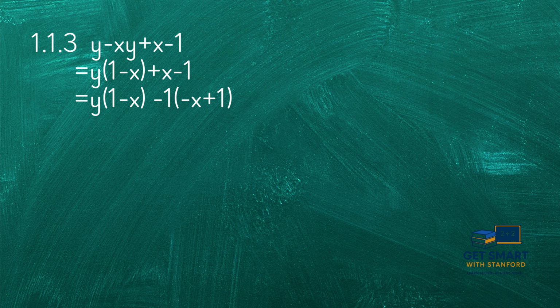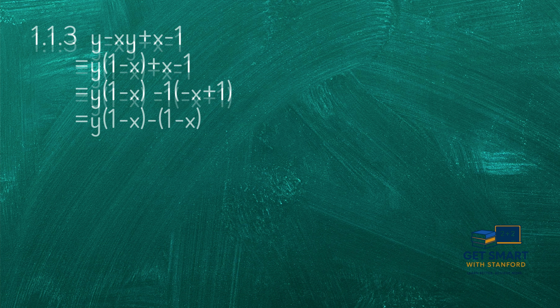We will then take a common factor of minus 1 from x minus 1. This will leave us with minus x plus 1, which can be rearranged to 1 minus x. To prove that the essence of this expression has not been tampered with, we simply multiply by the common factor minus 1.